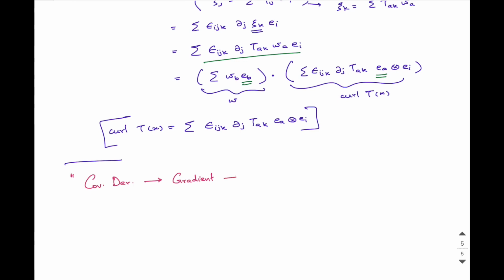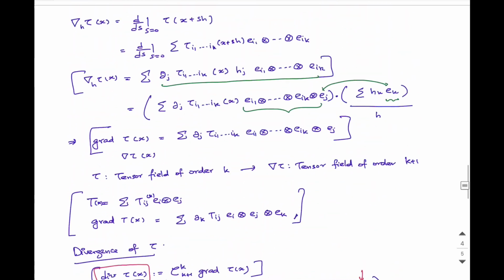Okay, and once you have the gradient, you can define the divergence as basically the contraction of the last two indices of the gradient, and using the recursive definition you can define the curl of the corresponding quantity. So if I take a tensor field tau of order k, then the covariant derivative is also a tensor of order k.